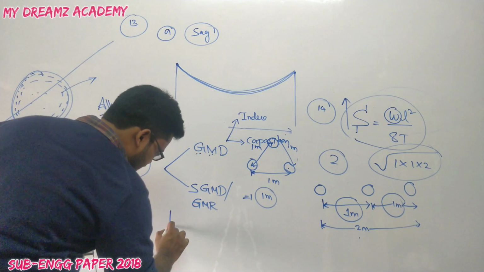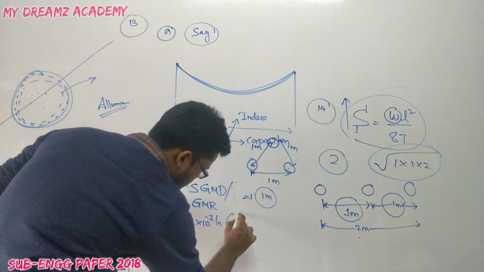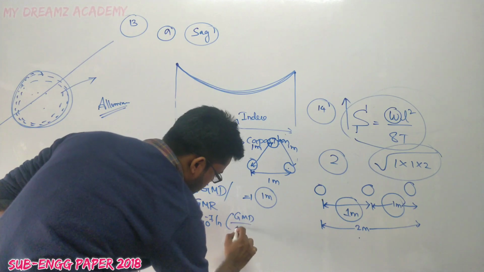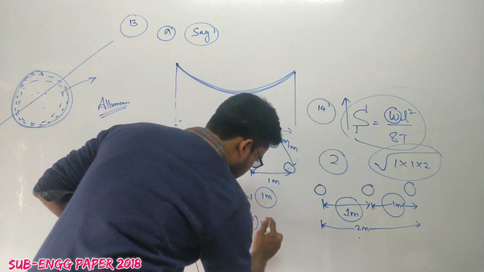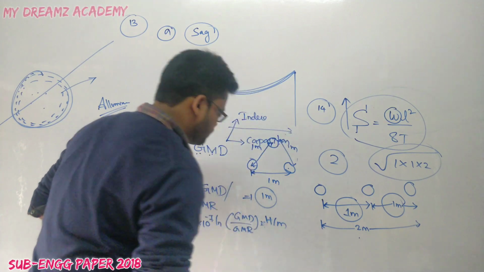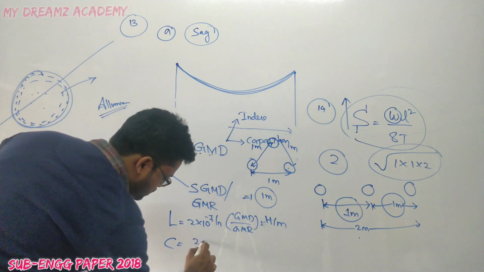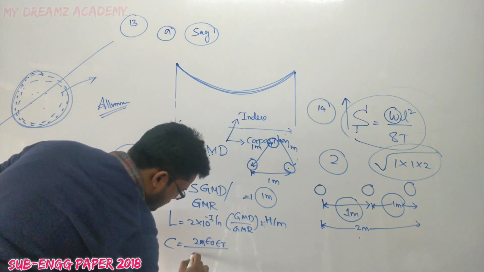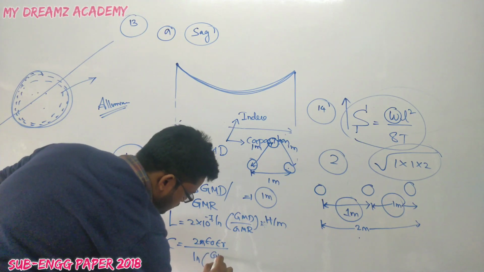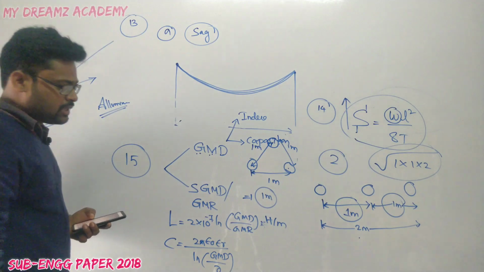The inductance is 2 into 10 to the power of minus 7 ln GMD divided by GMR, and the units are Henry per meter. The capacitance is 2 pi epsilon divided by ln GMD by R. If you write GMD by GMR there, it is wrong.